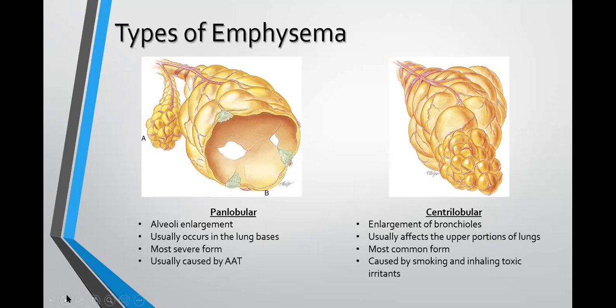Panlobar is when the actual alveoli are big, swollen, enlarged. But centrilobar is when the bronchioles are stretched out or enlarged, okay? Two types of emphysema, all right? The most severe one is panlobar. The most common one is centrilobar.